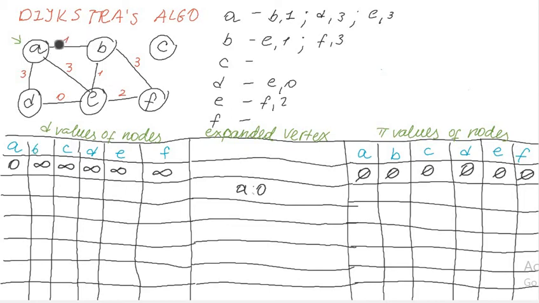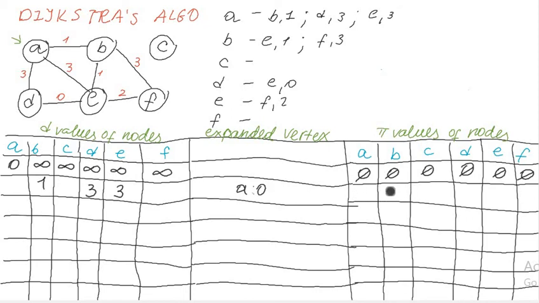So the weight of the edge between A and B is 1. So we update the infinity by 1. And we see that for E, the weight between A and E is 3. So we write 3 here, and the same for D, we write 3.